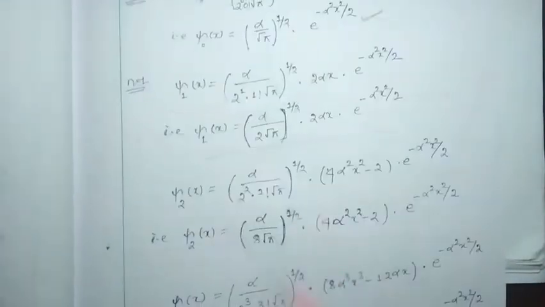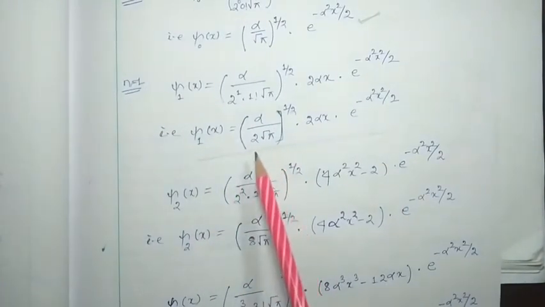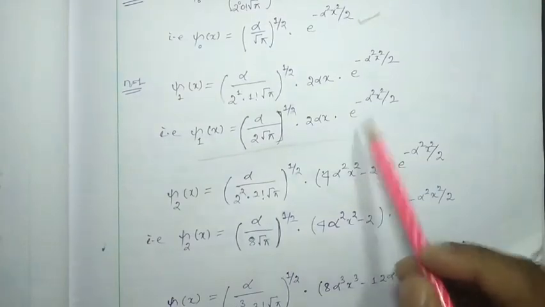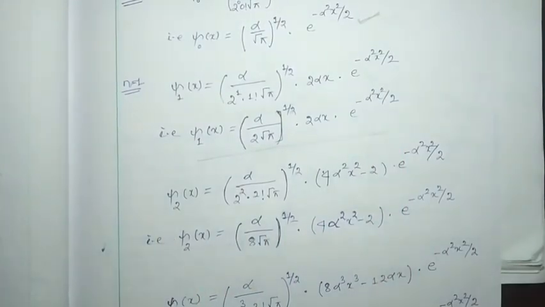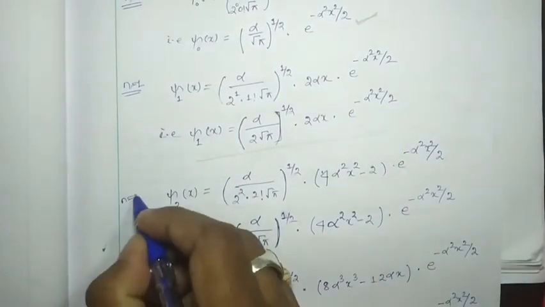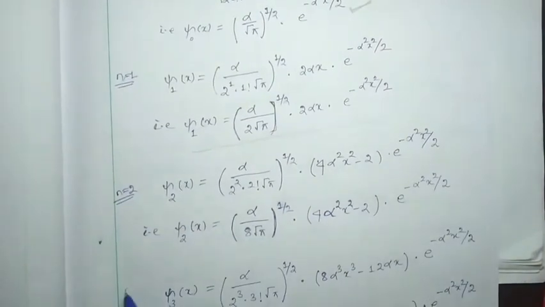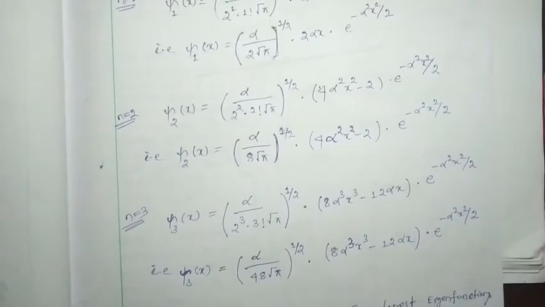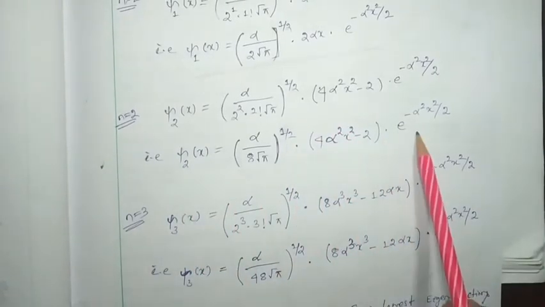So this will be psi 1 x, that means the second excited state eigen function. This is for n equal to 2, and this is for n equal to 3. You pause the video and write down the values. Psi 2 will be this much, psi 3 is this much.